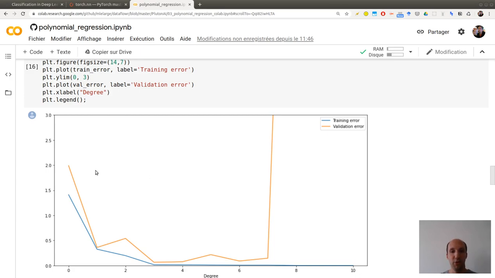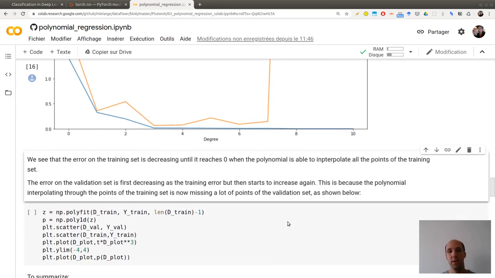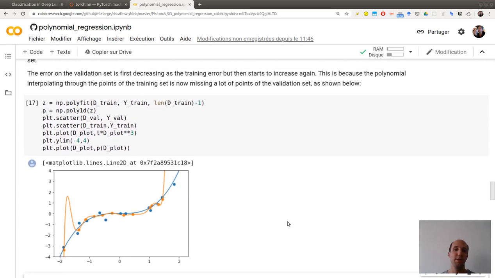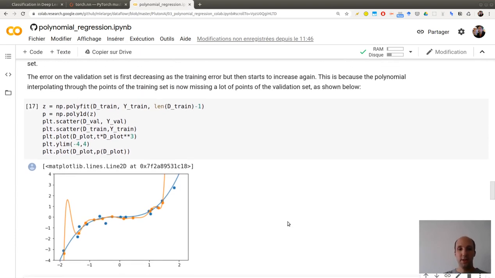But what is perhaps surprising here is that the error on the validation set starts to decrease and then jumps to a very high value. And it's pretty easy to understand why. So here I'm fitting on the orange points with a very high degree polynomial.